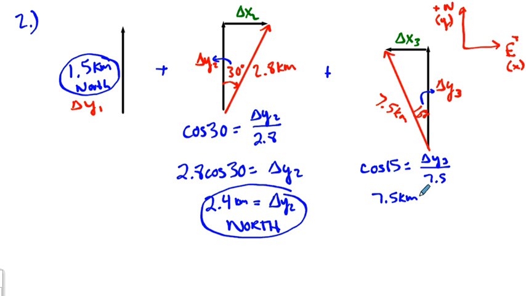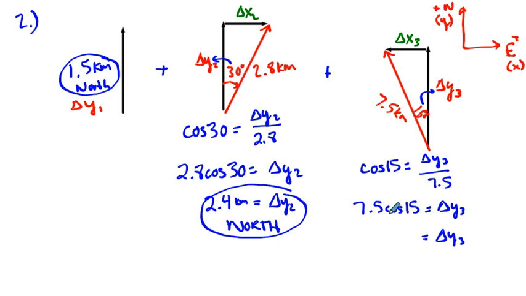As a result of that 7.5 kilometers, we want to know how much our position changed from the y standpoint, the north direction. 7.5 cosine of 15 is 7.2 kilometers north.